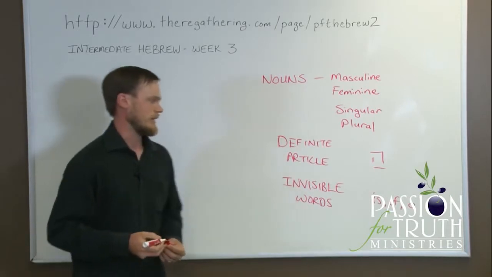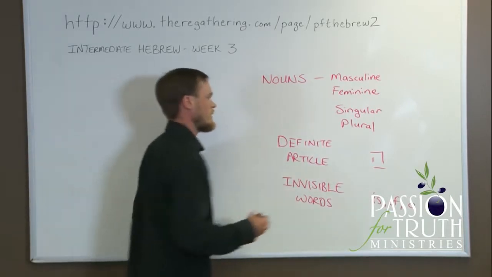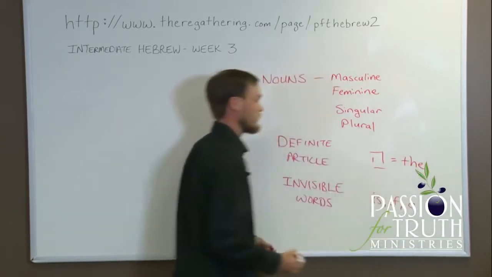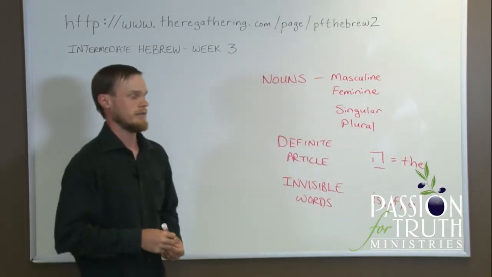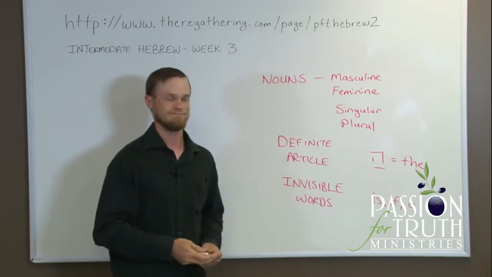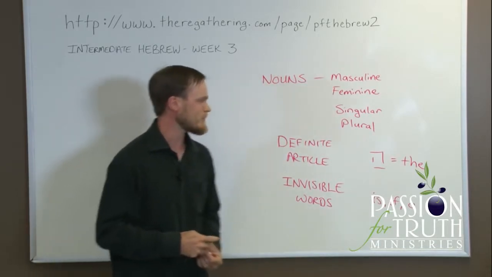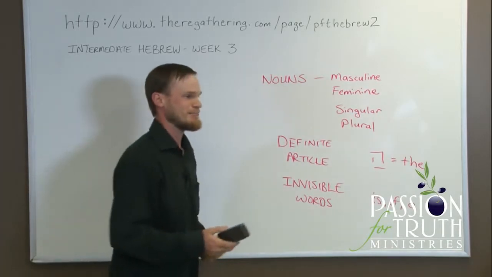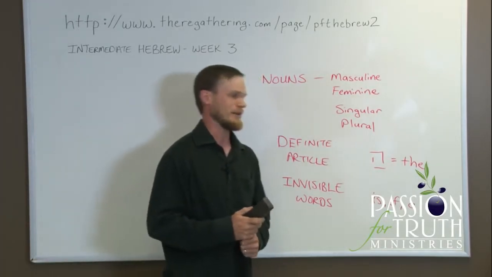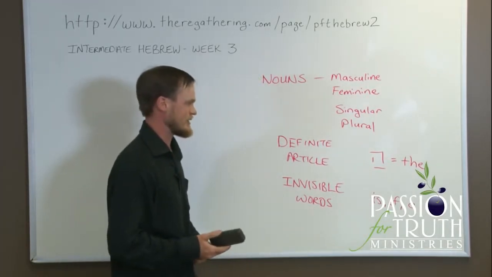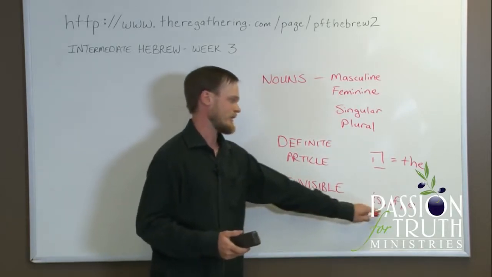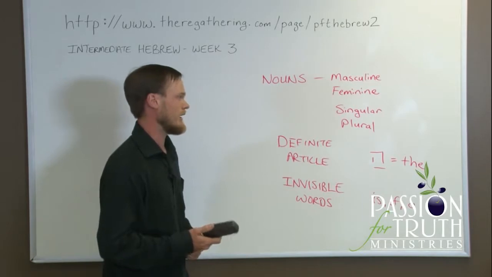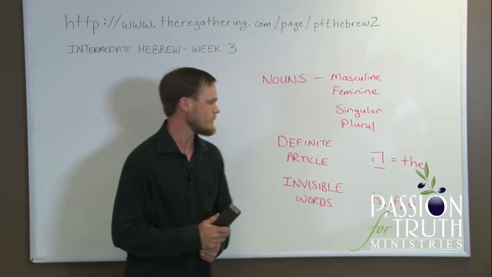So when you're constructing a Hebrew sentence, you need to mentally insert those where they belong, or otherwise you will be speaking in Tarzan speak. Because in Hebrew you can't say, I am Tarzan. So it would sound like me Tarzan, but to accurately translate into English, you need to insert these words because their meanings are implied in the Hebrew language. Okay?